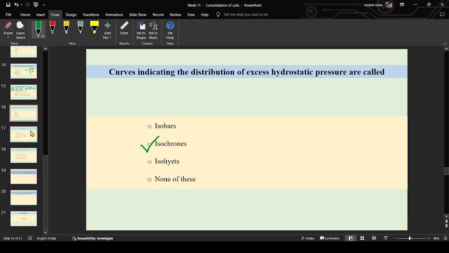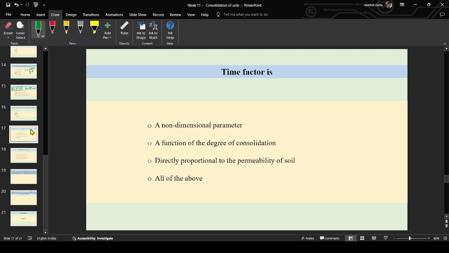Okay. Next question. Time factor is. What is the answer? All of the above, sir. Yes, very good. Non-dimensional parameter, obviously. Time factor is a function of degree of consolidation, as we all know, and it is directly proportional.